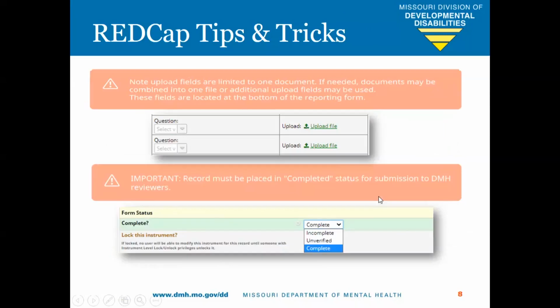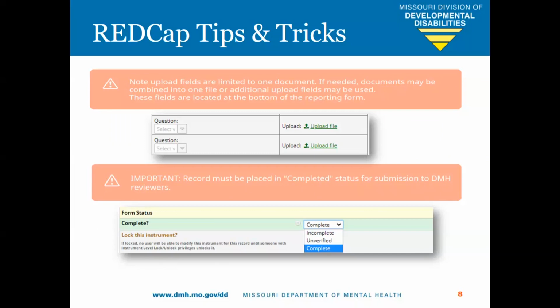Next. Okay. There's a lot of uploads in this tiered support, and REDCap has limited options on the upload per question. So currently REDCap will allow you to click upload on each question that's needed, but it will only allow you to upload one file.